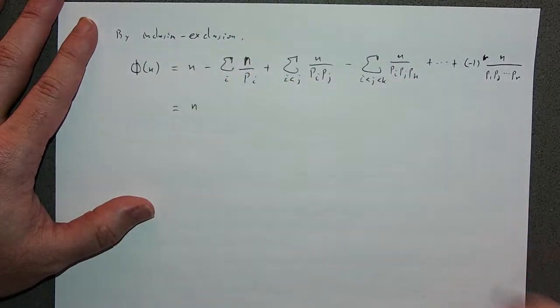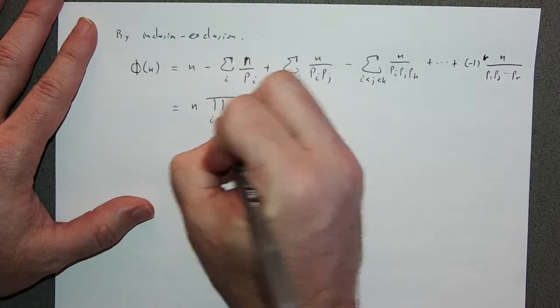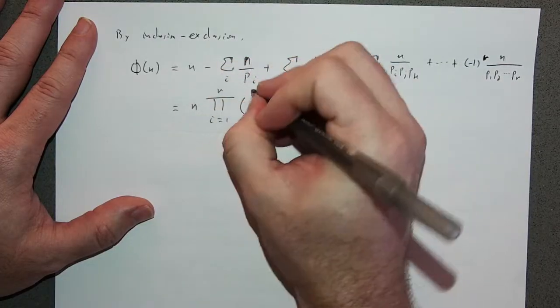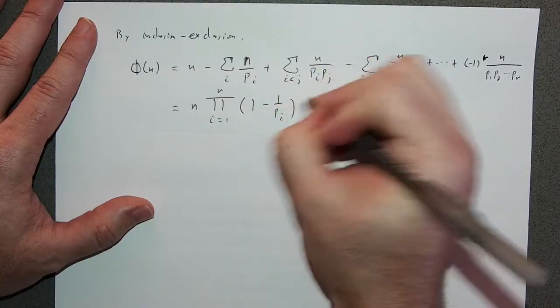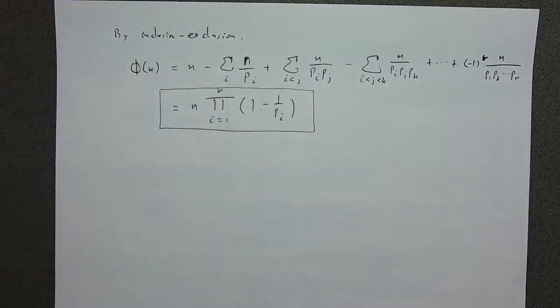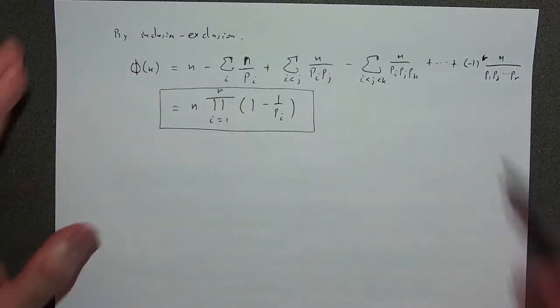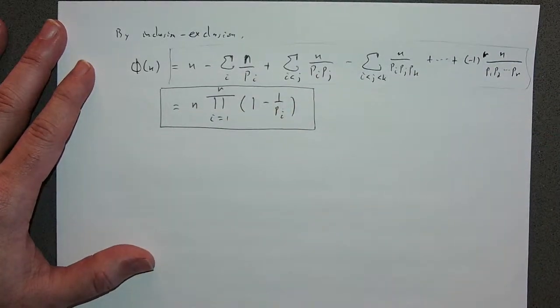This is n times the product, i equals 1 to r, of 1 minus 1 over p sub i. If you're a little bit confused about this algebra, just start with this product, expand it, and see how it is equal to this expression.